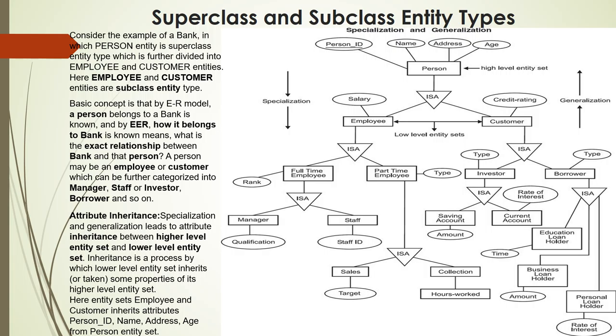Here entity sets employee and customer inherit attributes person ID, name, age, address from the person entity set, as I touched on before.